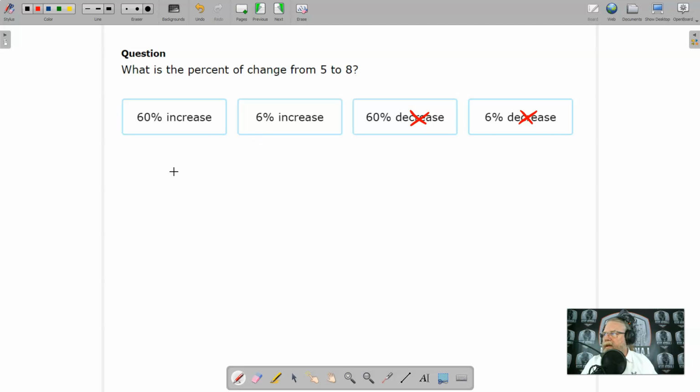So remember, it is the absolute value of the original amount minus the new amount over the value of the original amount. So let's go ahead and plug that in. So absolute value of original amount is 5 minus the new amount, which is 8. And the original amount is 5. We're starting with 5, going to 8.